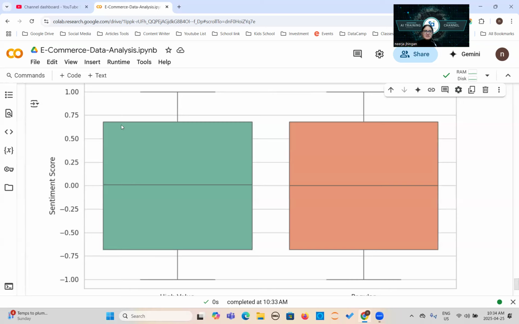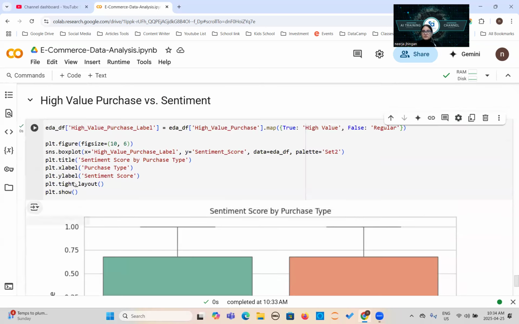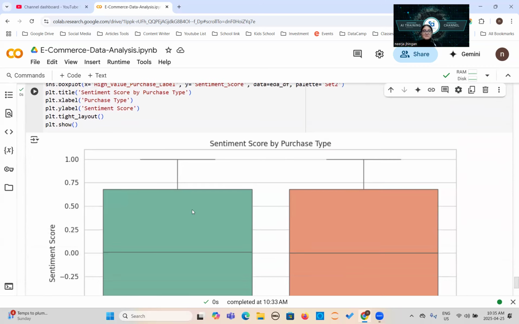Okay, here this seems to look almost the same. You can try with other graphs too, but here you can differentiate based on the sentiment score, high purchase and regular purchase. This means people are happy, right? If the sentiment score goes above 0, people are happy.